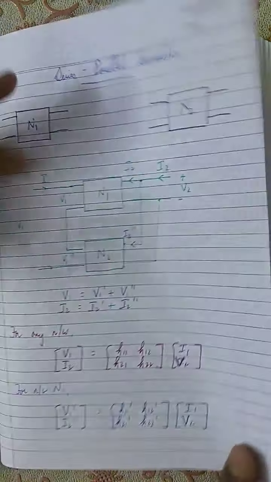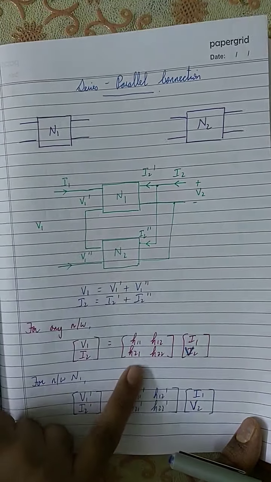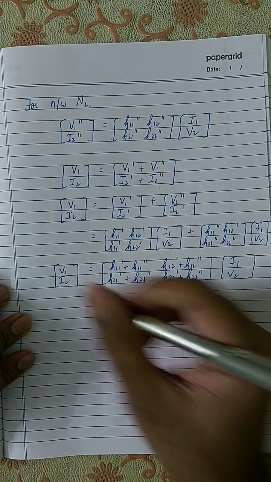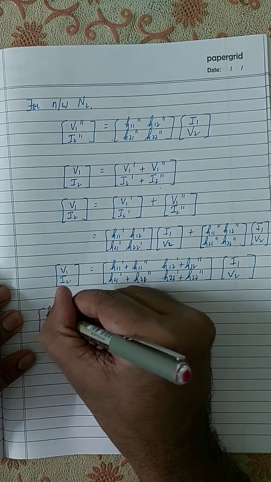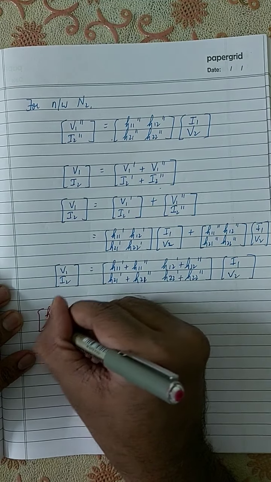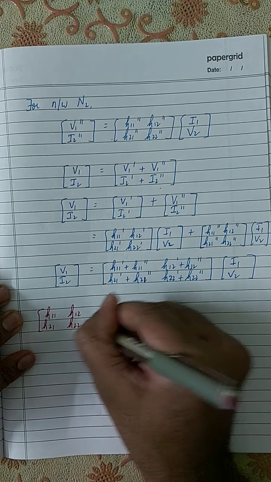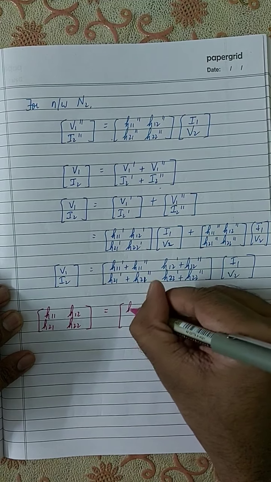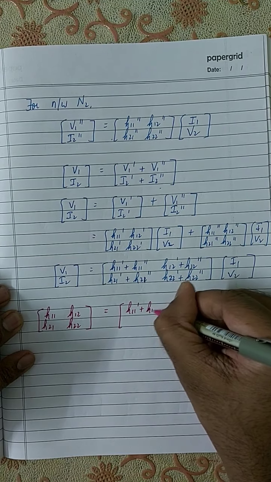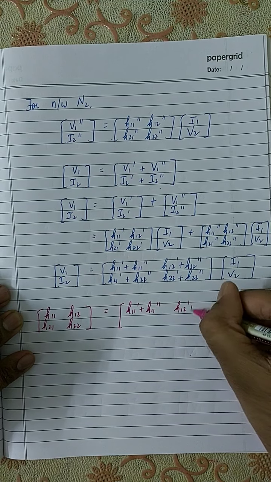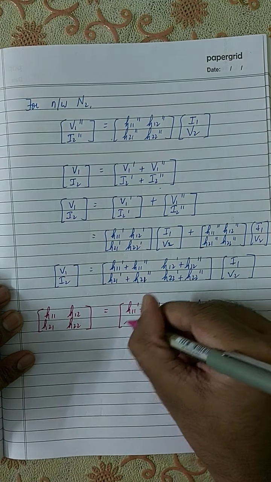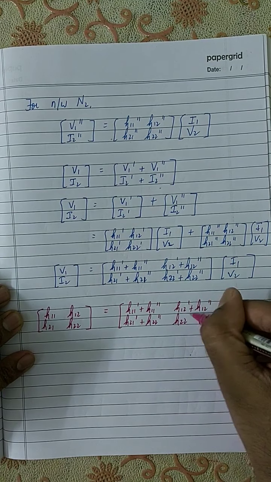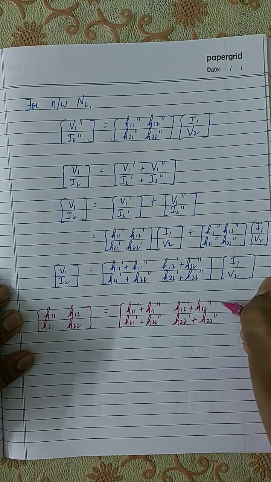If you compare this equation with this equation, you can say that this matrix is equal to this matrix. In other words, [H11, H12; H21, H22] is equal to [H11 dash plus H11 double dash, H12 dash plus H12 double dash; H21 dash plus H21 double dash, H22 dash plus H22 double dash].